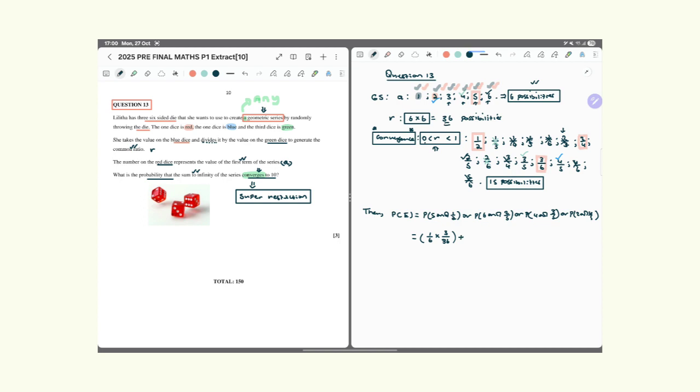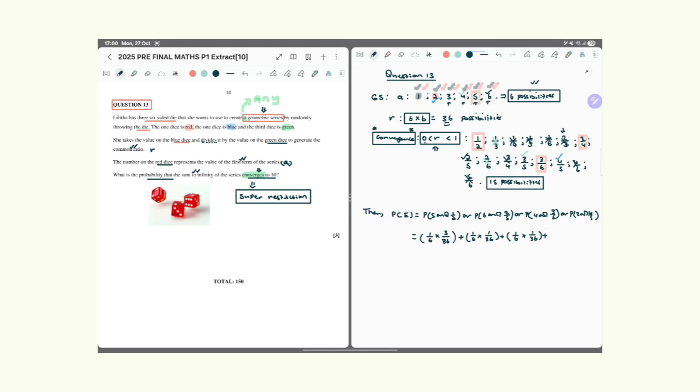Remember, or is a plus. Now the probability of having a 6 is just 1 over 6 times having 2/5, which is just 1 out of 36. Plus, having a 4 is just 1 out of 6, times having 3/5, which is just 1 out of 36.